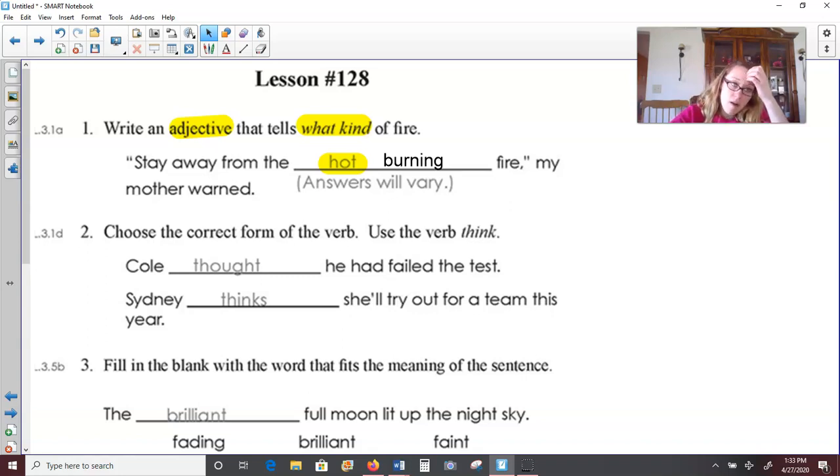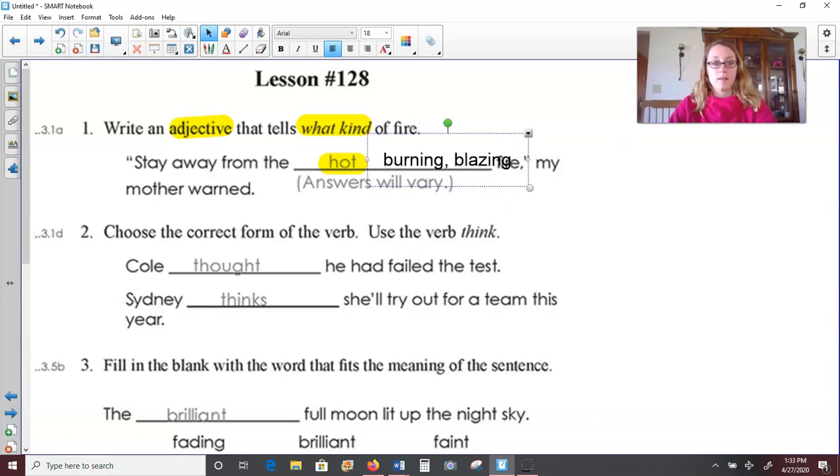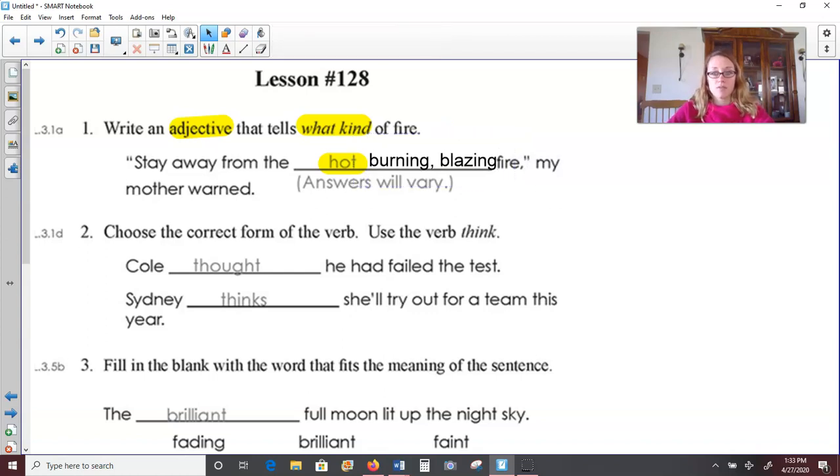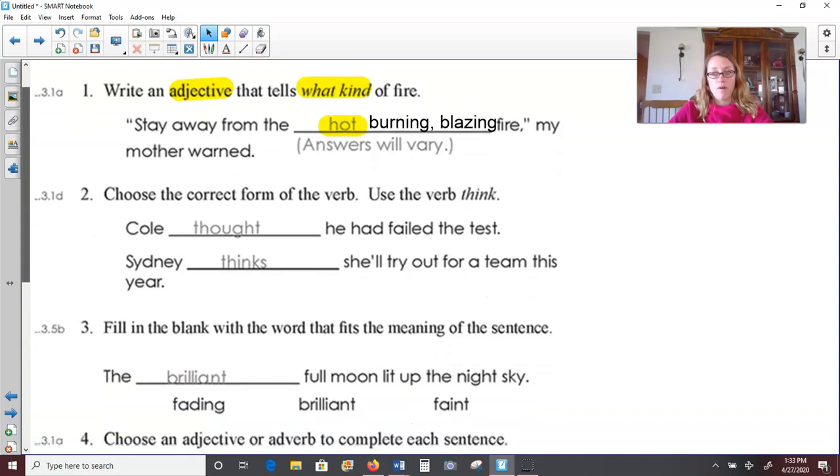Stay away from the large fire. That would still be kind of telling what kind, but more, what size, I guess. Stay away from the blazing fire. Blazing is a fancier way of saying that something is burning. Okay? So you could use one of those adjectives or see if you can come up with your own.